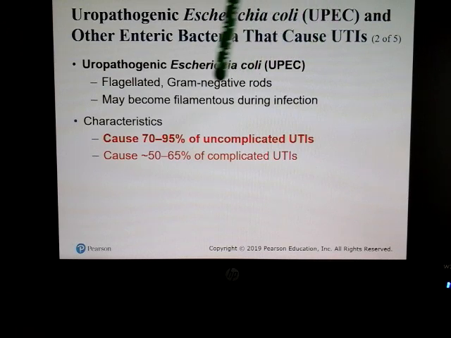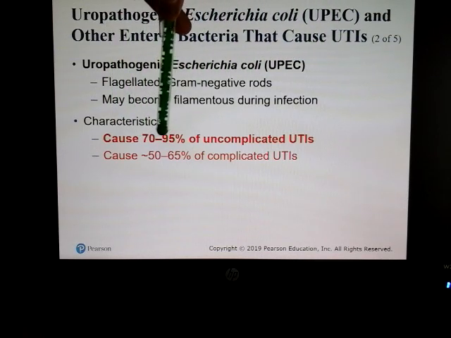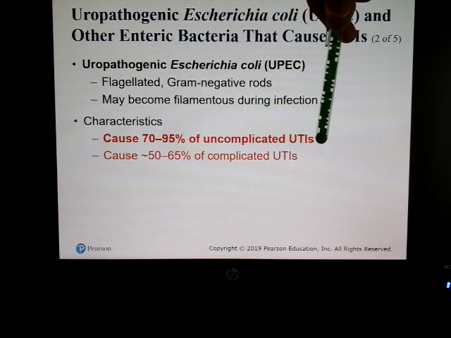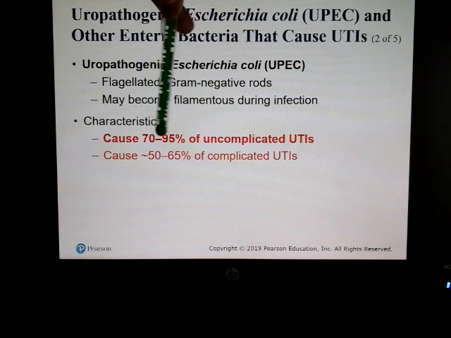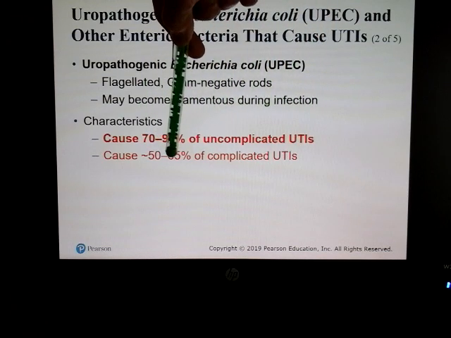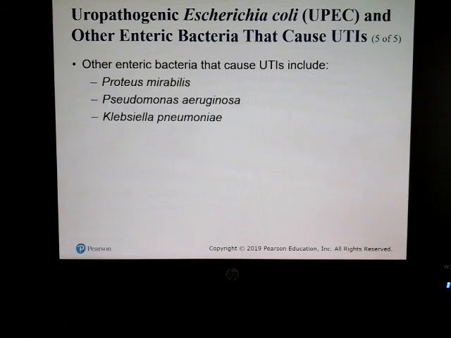So please know, guys, that E. coli causes 70 to 95% of uncomplicated UTIs, and 50 to 65% of complicated UTIs. So that can actually, again, get all the way up into your kidneys.